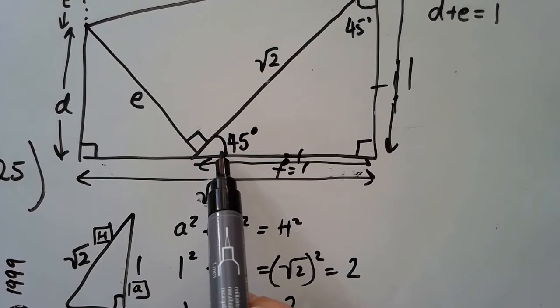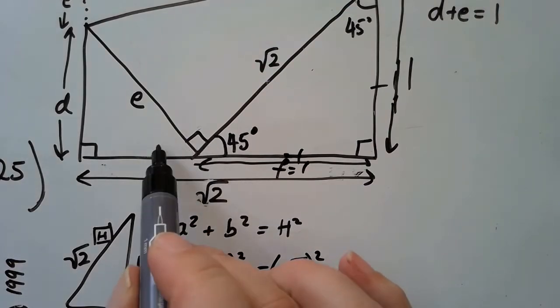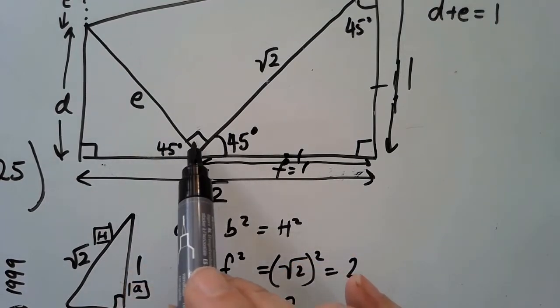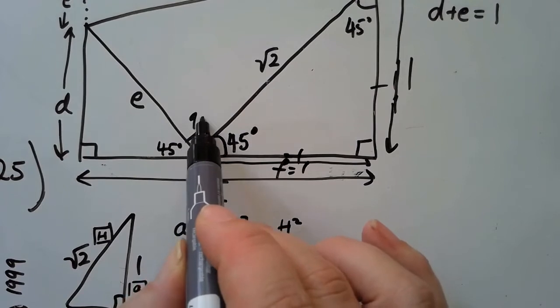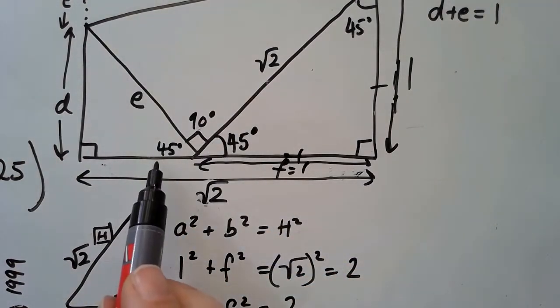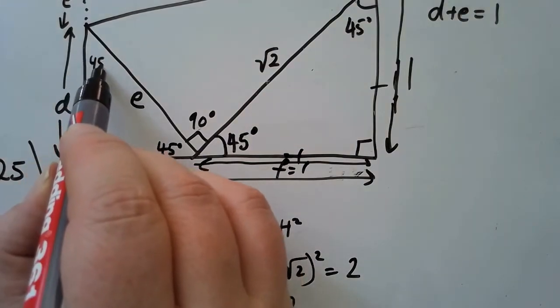If we've got 45 degrees here and 90 degrees here, then this one here is also going to be 45 degrees, because these three angles have to equal 180. It is a straight line, so this is 45 degrees. And therefore this is a right angle, so this is 45 degrees as well.